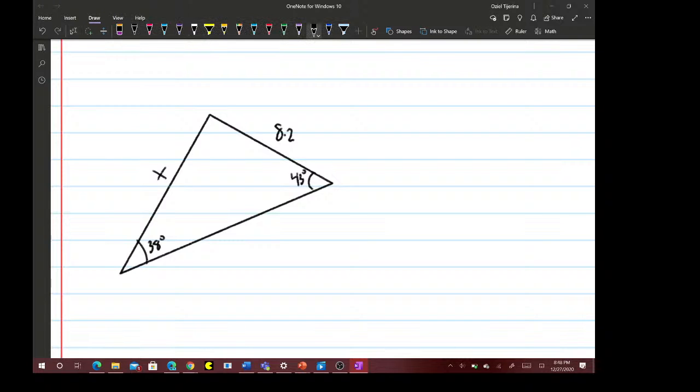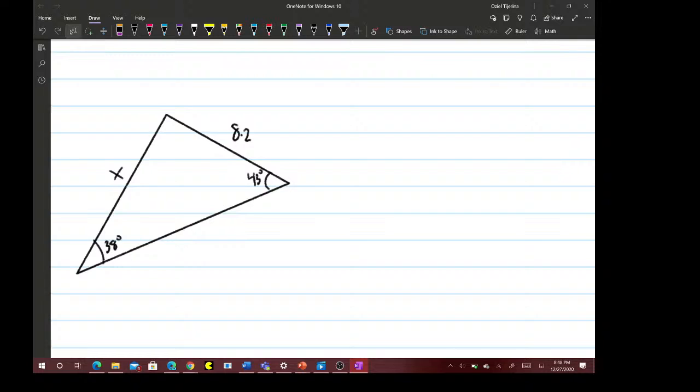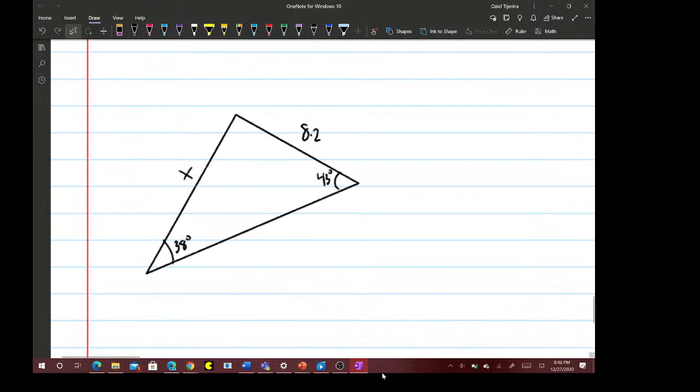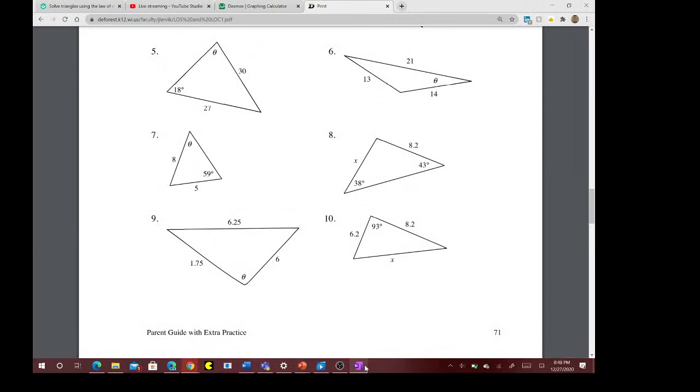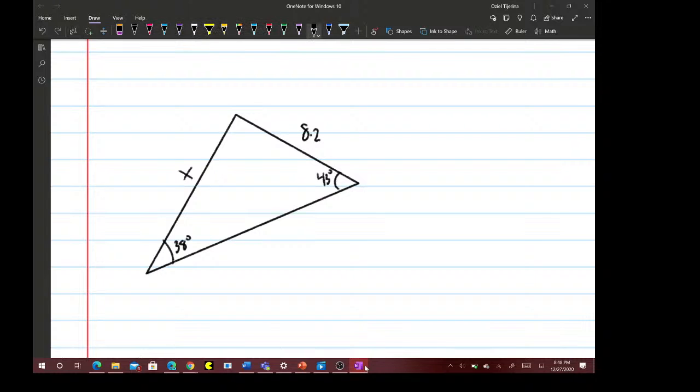So we're going to do the law of sines. Since they're not labeled, you can say this is A, this is B, this is C, okay?